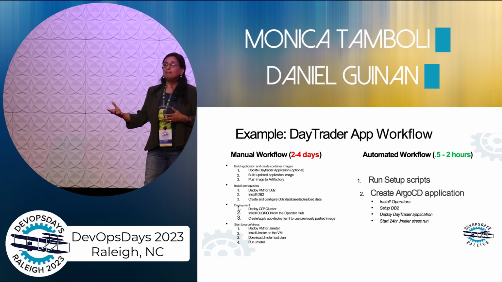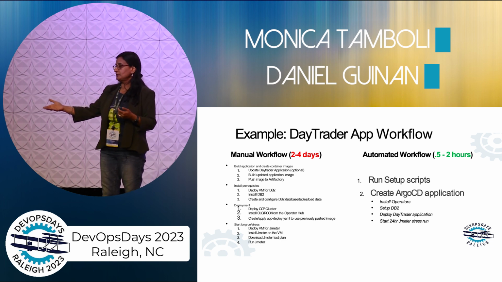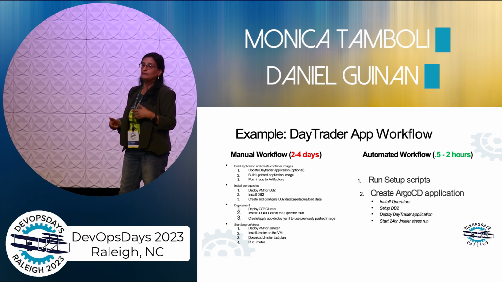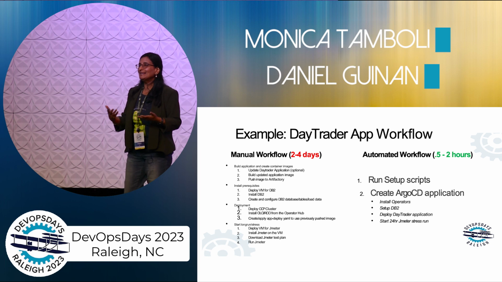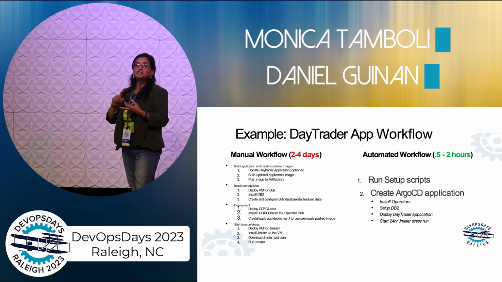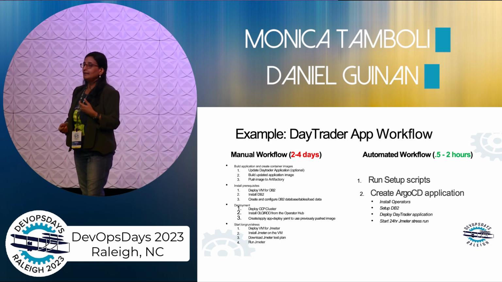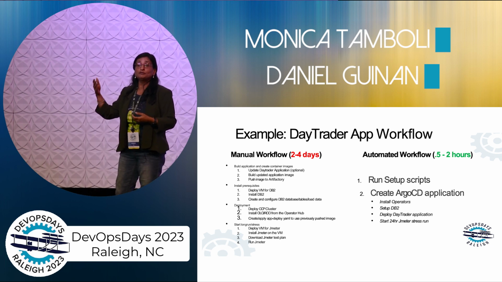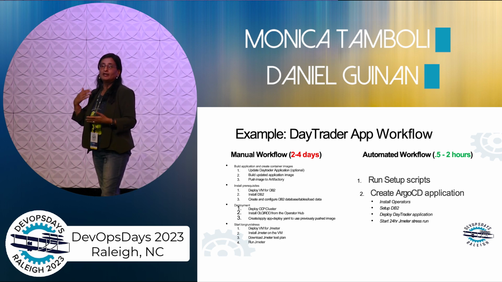So this is an example of a manual workflow. I talked about different applications, so this takes the example of DayTrader. On the left is the manual workflow. For a person who is not very familiar with the app, it can take up to 2 to 4 days, starting with building the application, creating the container image, pushing it to a registry, then deploying the prereq like DB2, then deploying to an OpenShift or Kubernetes cluster, and then running the stress.